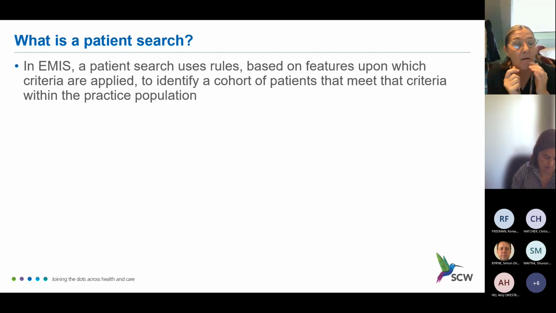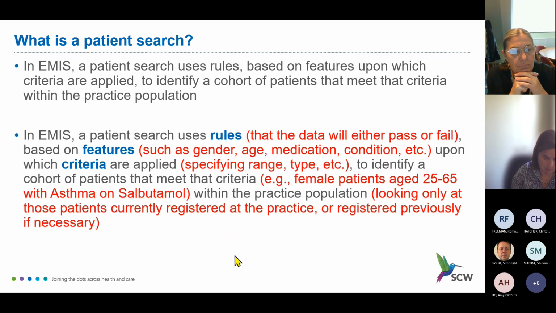And by doing that, you identify a cohort of patients that meet the criteria within the practice population. Okay, which sounds great, or alternately sounds very convoluted. So I've tried to break it down or clarify it.